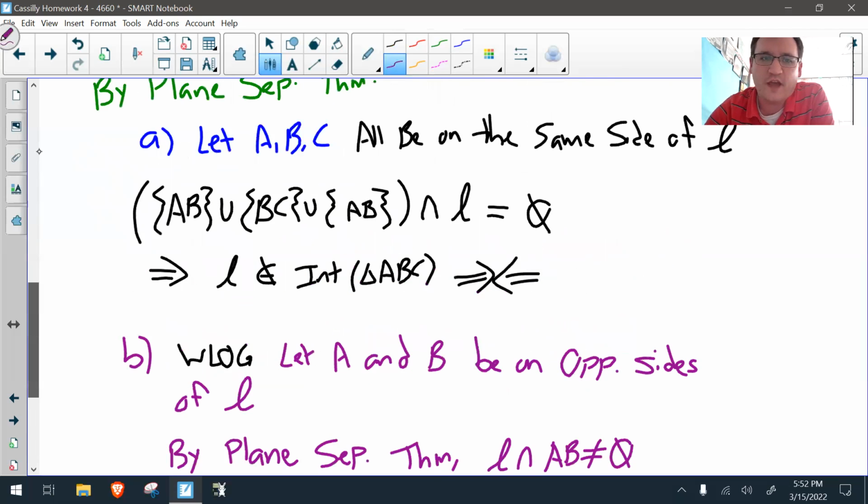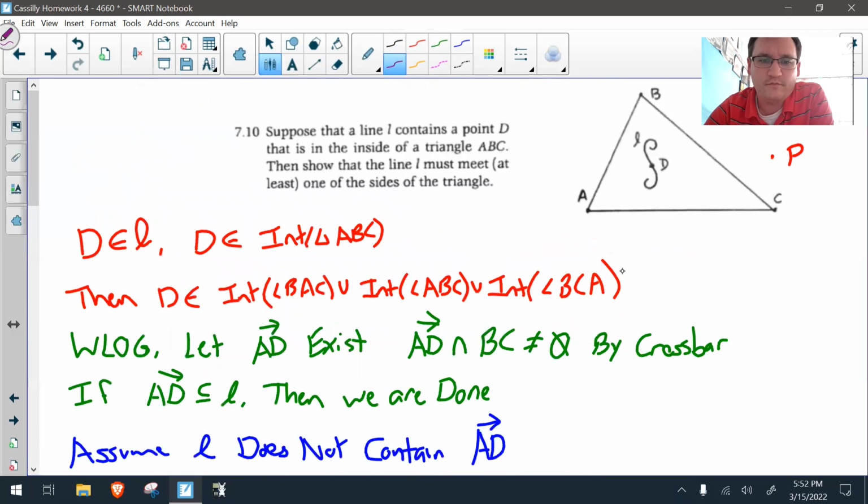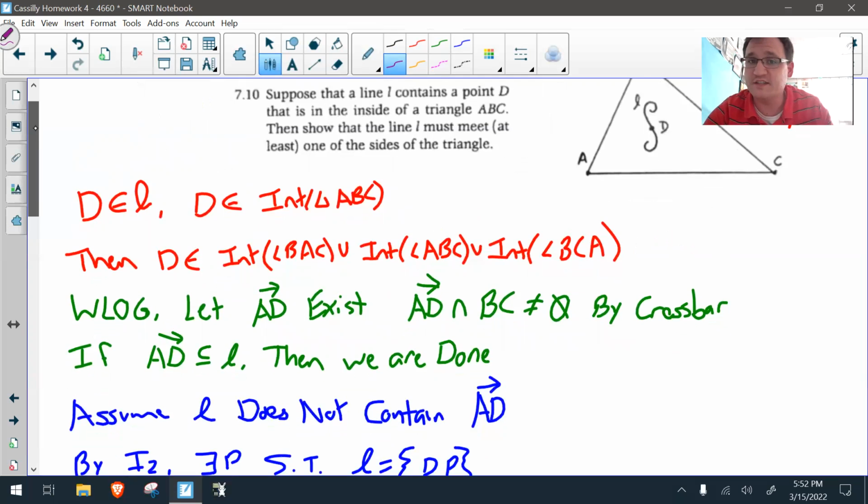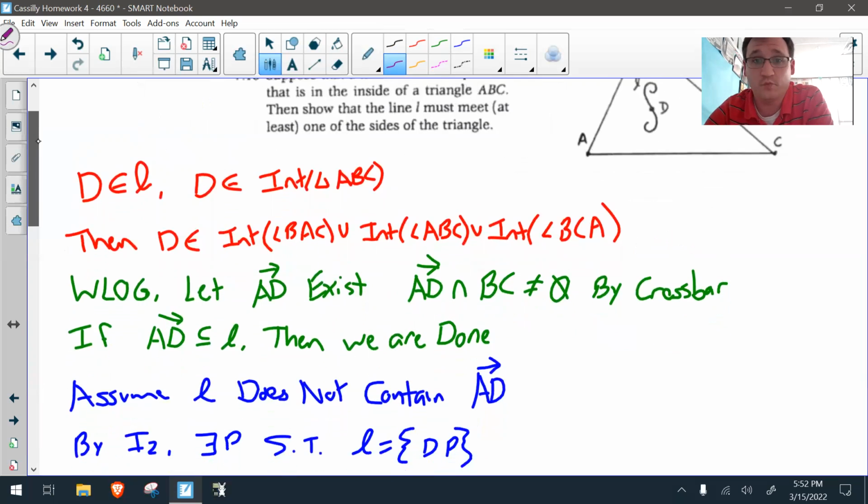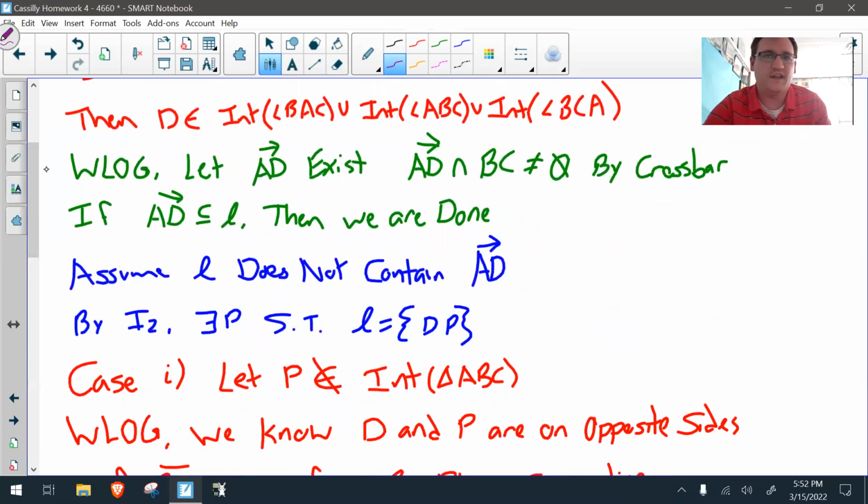So to kind of recap, what we started with is we had by crossbar, ray AD meets segment BC. So if L contained ray AD, then we're done. If L did not contain ray AD, that brought up two cases.